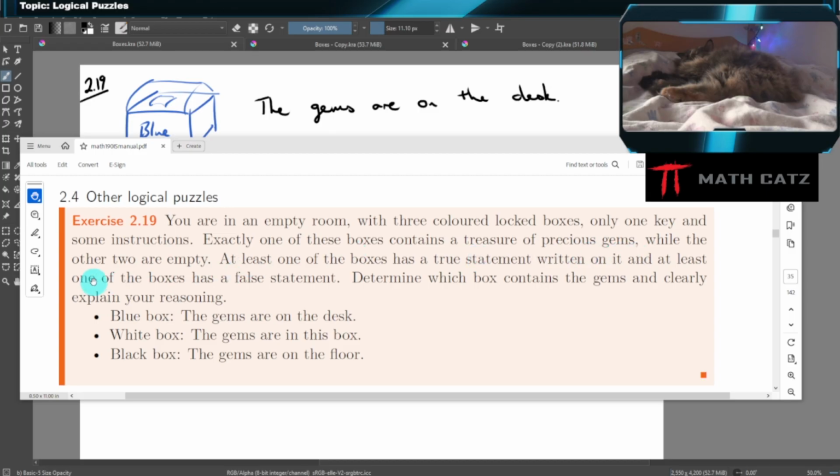At least one or more has a false statement. We want to determine which box contains the gems and of course understand and explain, or at least navigate and track, our method and our reasoning through this.